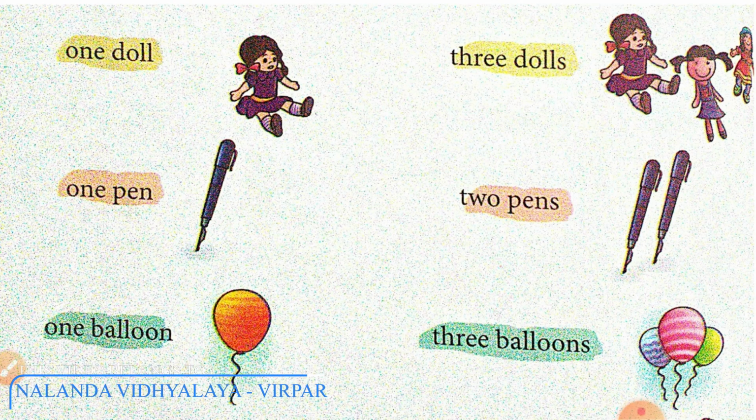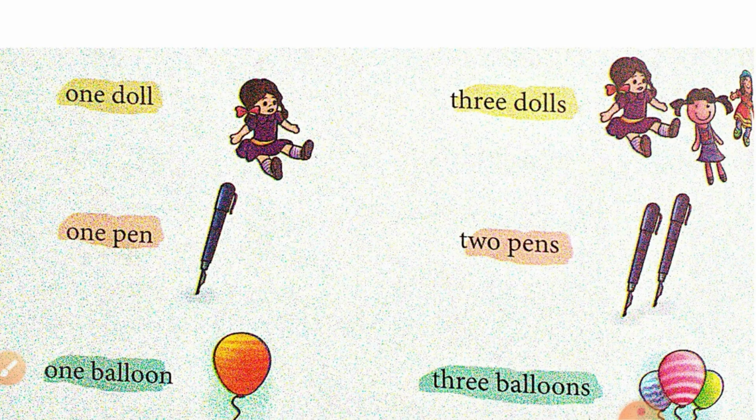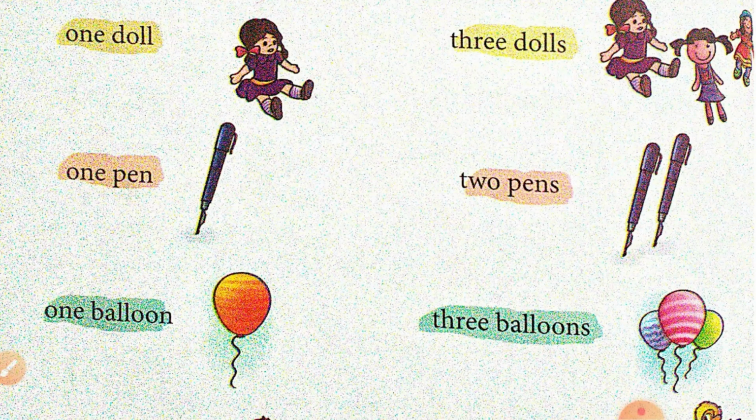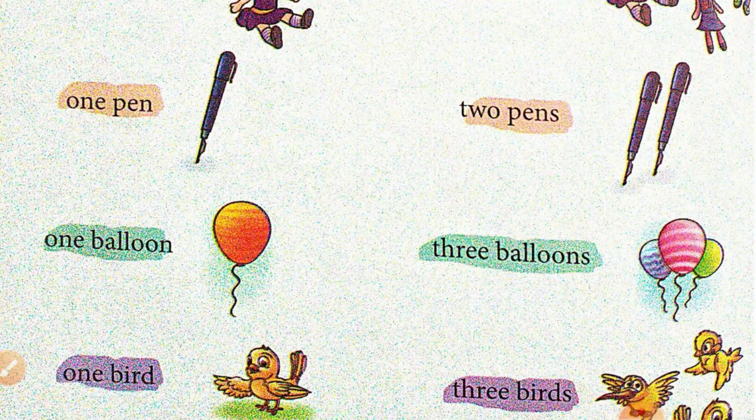You can see here dolls. These are many dolls. That's why we say dolls. And s is also added. Pens. Pens are more than one. Balloons. Three balloons are there. These are many.